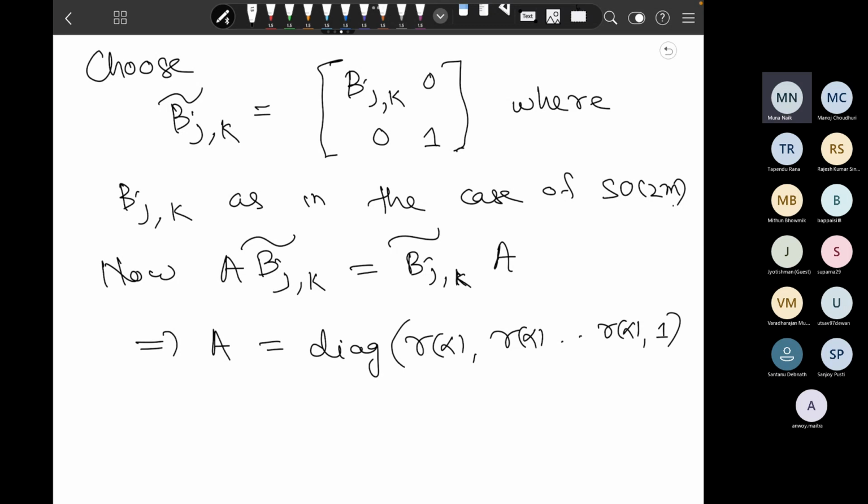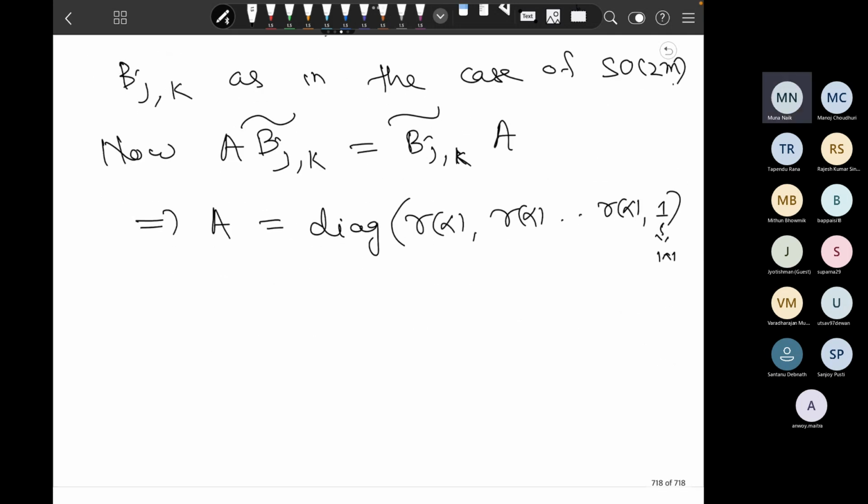This R alpha is a 2 cross 2 matrix and 1 is a 1 cross 1 matrix. Okay, so I will get that.